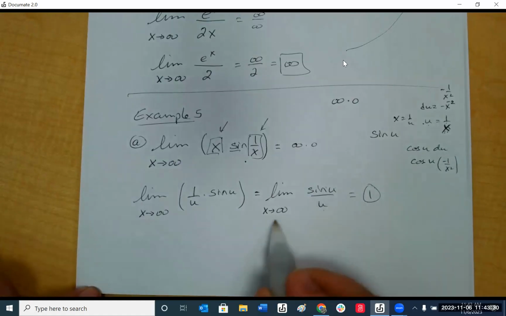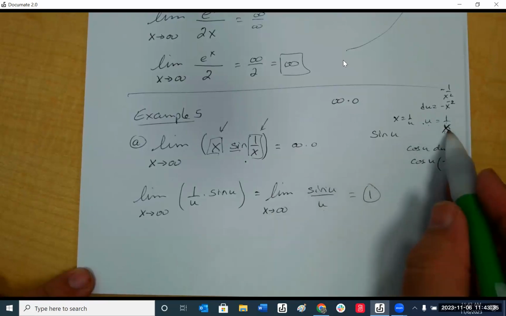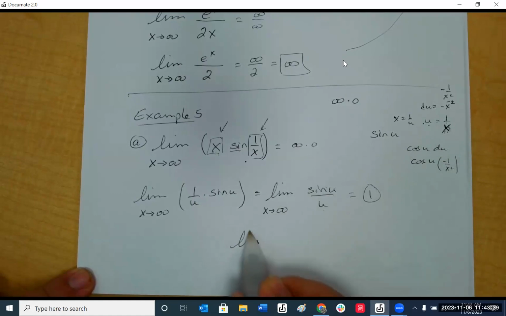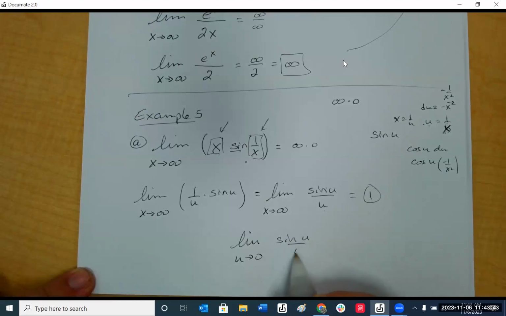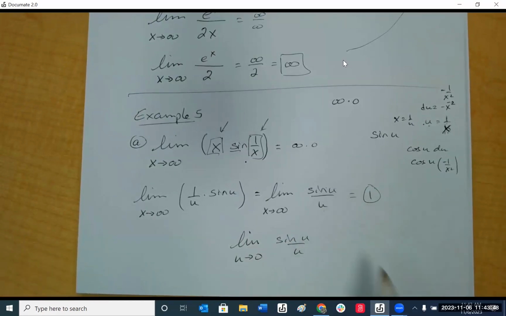Right. Because now, as we did here, as x goes to infinity, what happens to u? This one should have been u goes to 0. Since I did a substitution, a change of variables, I'm no longer using x's, so I can't use this.